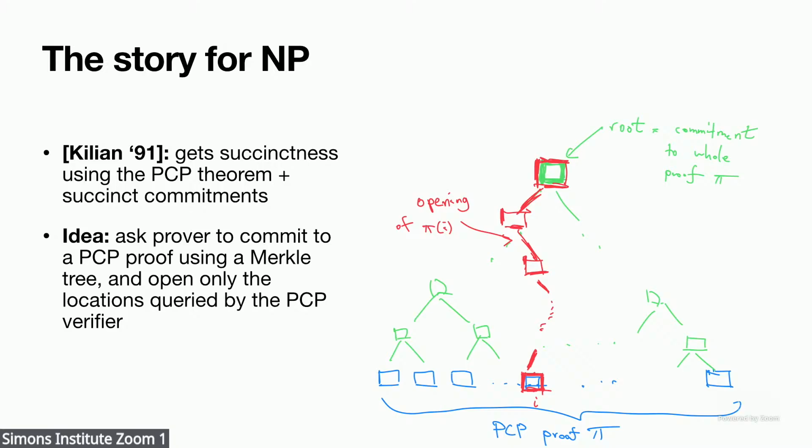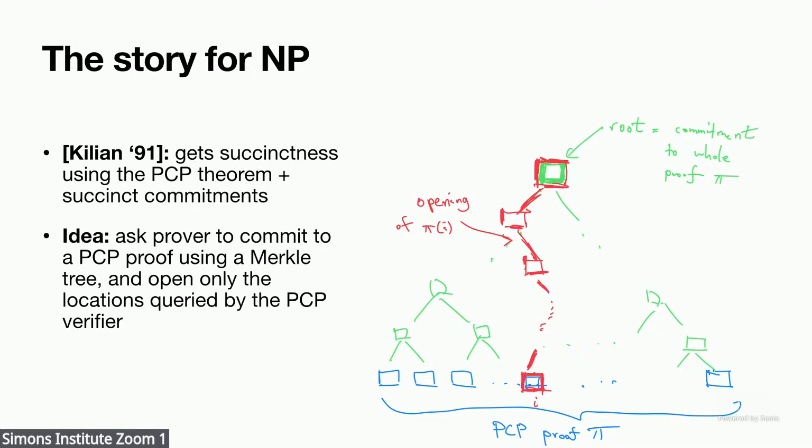So along this path, for each hash value, I just have to tell you the 2 things that feed into the hash function and say that they actually hash to the value that I claimed. That's a polylogarithmic amount of communication compared to the number of leaves you have down here.